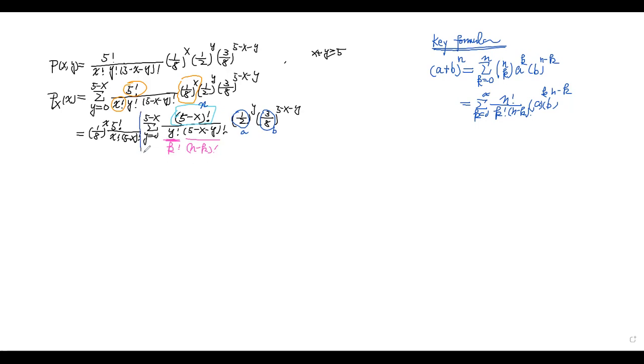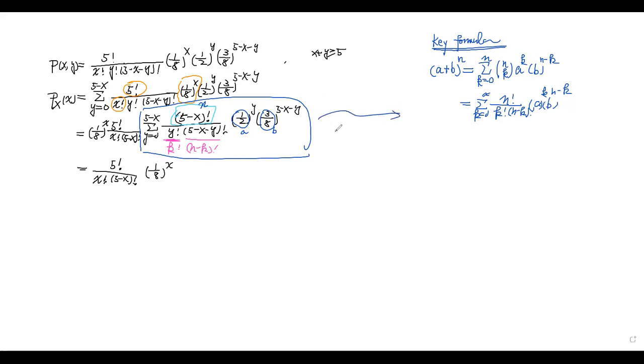So what happens here? The whole thing, if you use the binomial expansion, let's rewrite this. These are the constants: 5 factorial over x factorial times (5 − x) factorial, right? So this is (1/8)^x. Remember, this is the binomial expansion.